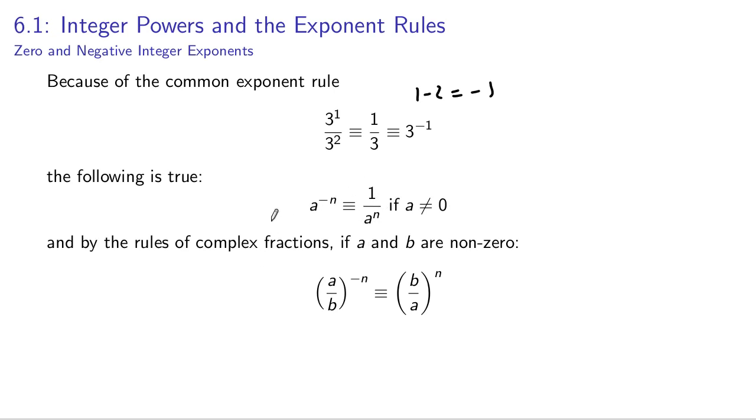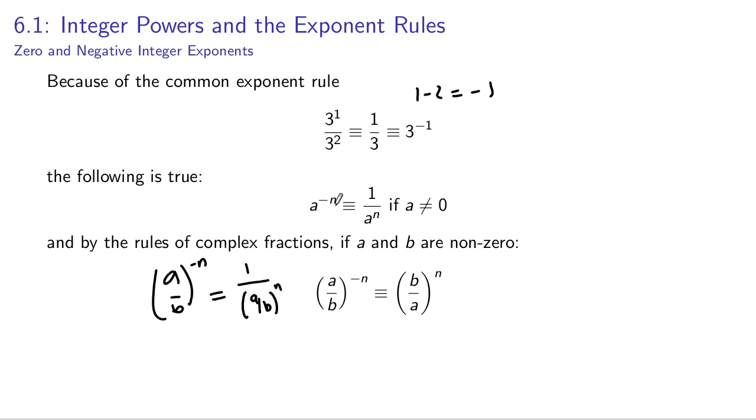And we can extend this by thinking of the rules of complex fractions. If a were really a fraction and you had a negative exponent, then you'd have 1 over a over b to the n. Okay, and using the rules that we already know, we can derive this truth, which is that if we have a fraction, a over b, to a negative exponent, then we can flip the fraction, invert the fraction, and negate the exponent, change the sign.